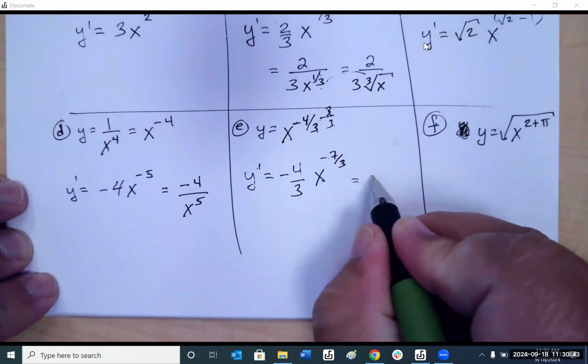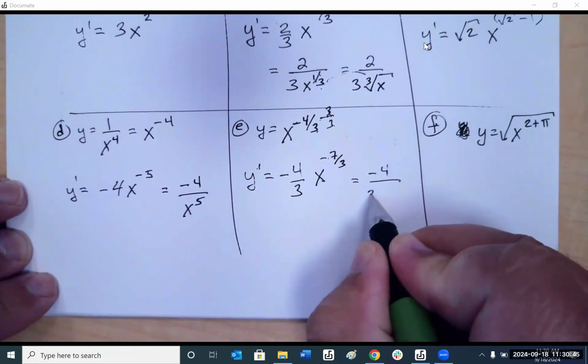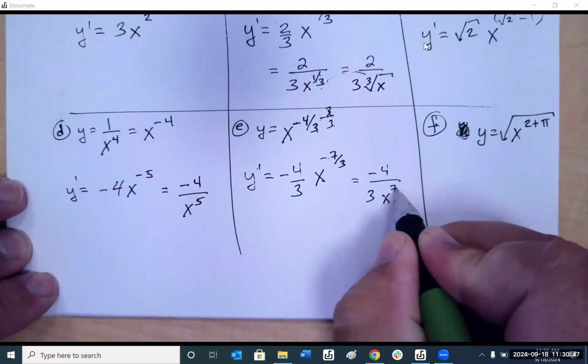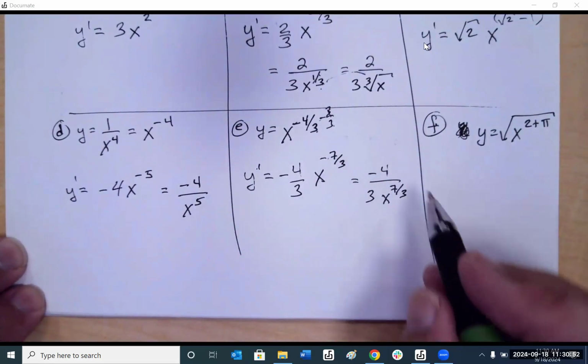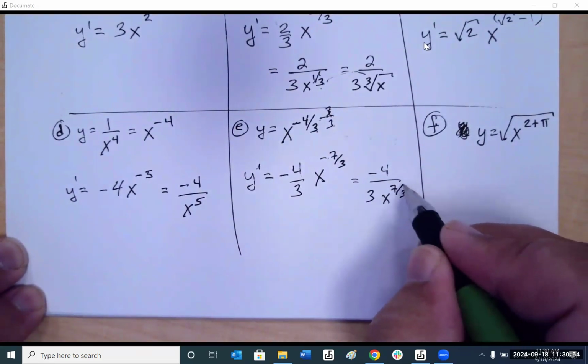What this one should be is -4/3 x to the power 7/3. You get rid of the negative exponent. Now, this is an improper fraction.